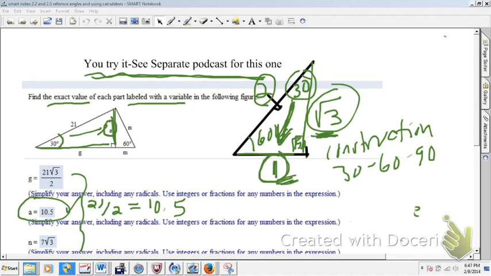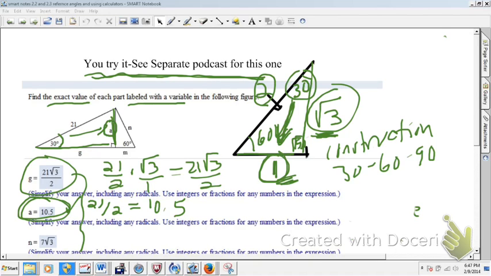Notice 10.5 really means 21 halves, and 21 halves times root 3 is 21 root 3 over 2. So if I take the piece directly across from the 30 degrees and multiply it by root 3, I will have this adjacent piece. Now we see that relationship.